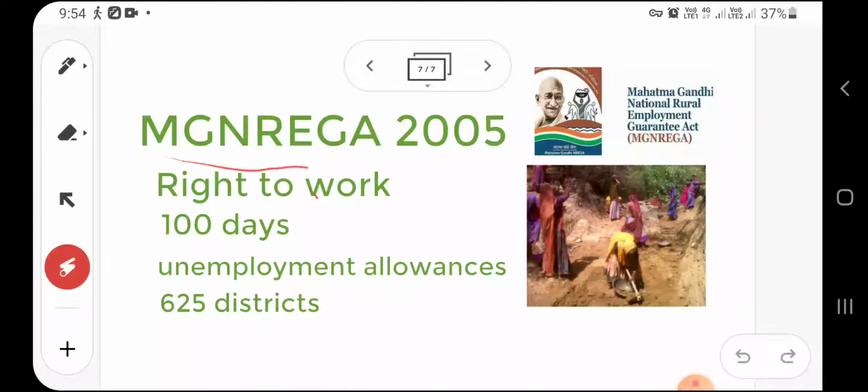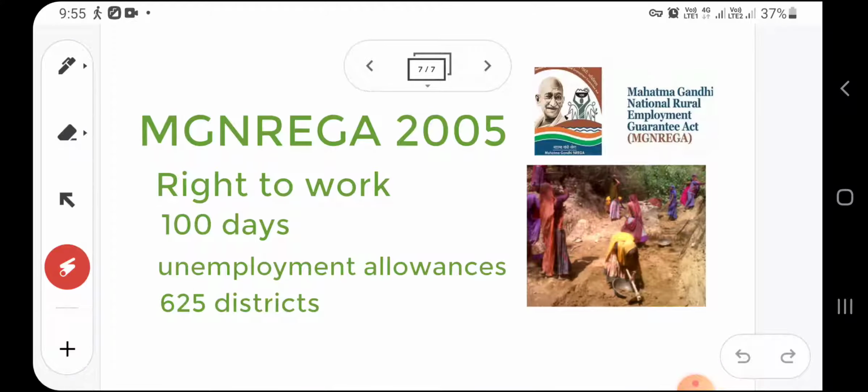It is also called the right to work. Why is it called the right to work? First of all, you should know what MGNREGA is. It was introduced in 2005. It aims to enhance livelihood security in rural areas by providing at least 100 days of wage employment in a financial year to every household whose adult members volunteer to do unskilled manual work.